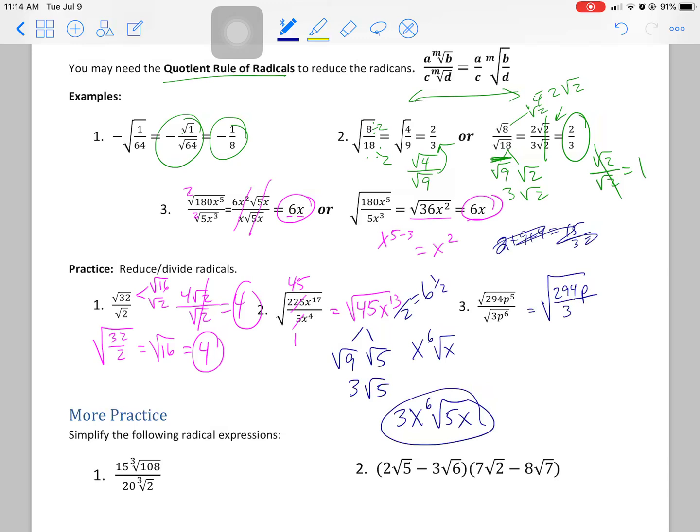And then you have P5 over P6. So I think I'd do it that way because 294 divided by 3 is 98. And then 5 minus 6. I don't think that 6 is supposed to be there.